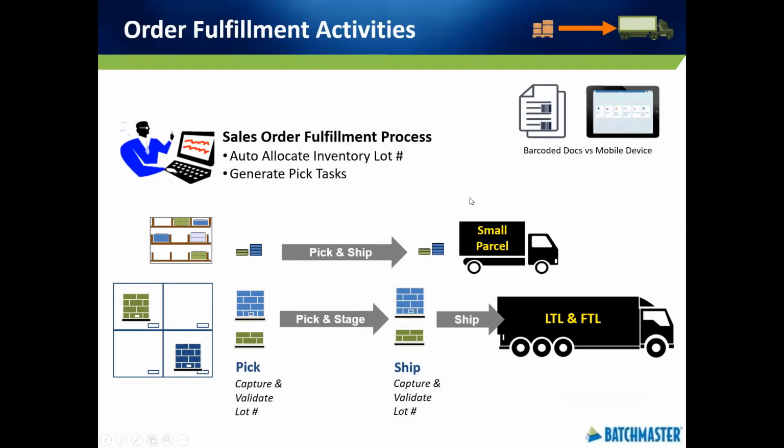Well, thank you, Caleb. Now he showed us that we've gone ahead and stored the finished goods in the warehouse, and that could be full pallets, less than full pallets, cartons, cases, what have you. And we're going to look at the sales order fulfillment process.